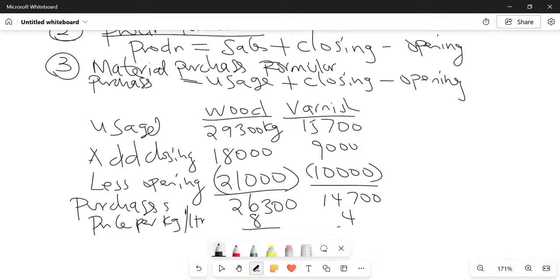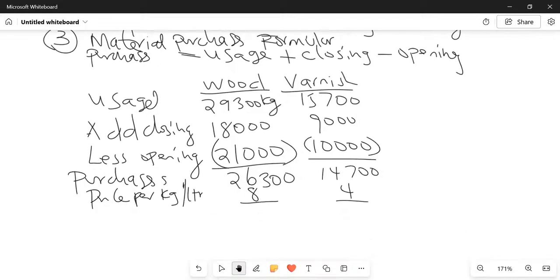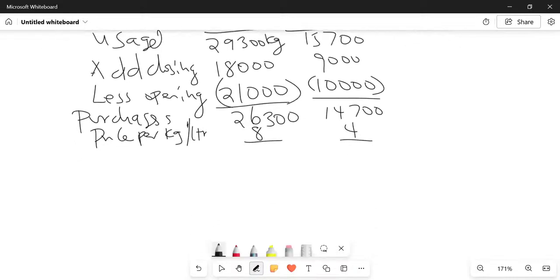So then give us, ladies and gentlemen, the material purchases in Kenya shillings. You multiply, right? So in this case, I'm being given a figure of 210,400.